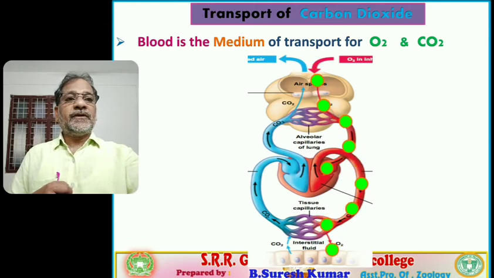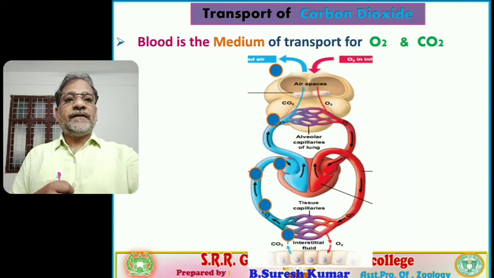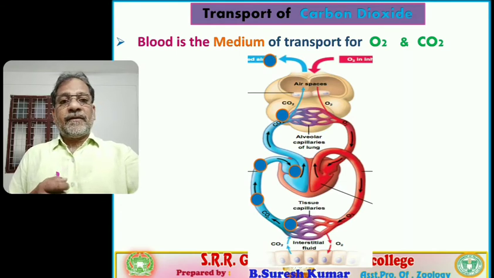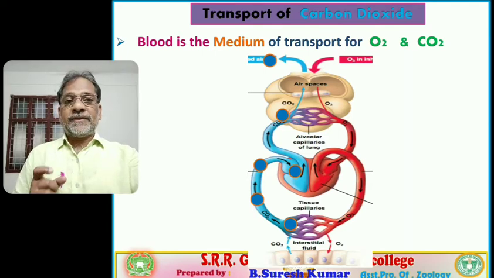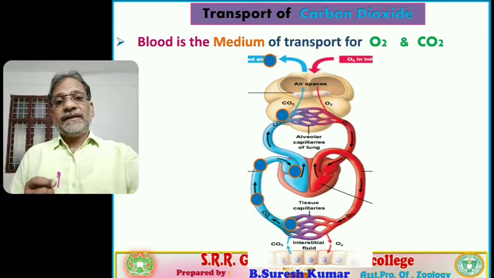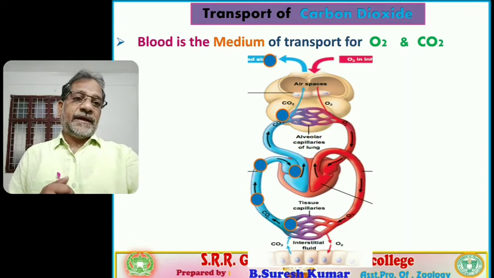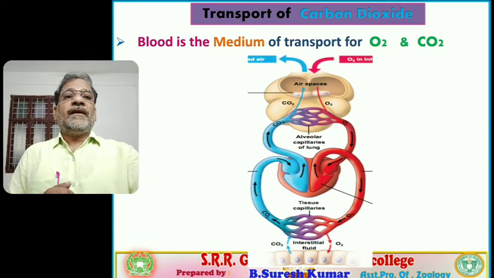The blood picks up oxygen and transports it to tissue, and then the carbon dioxide produced in tissue is delivered into blood, and the carbon dioxide is transported to the alveoli, which is expelled out during expiration. So blood acts as a medium of transport for oxygen as well as carbon dioxide.